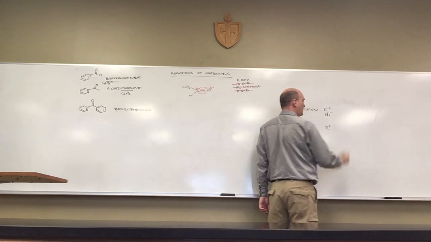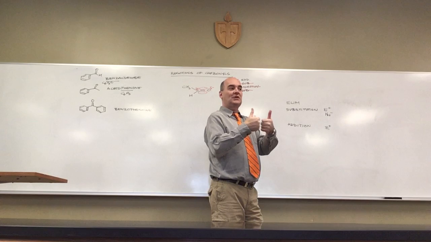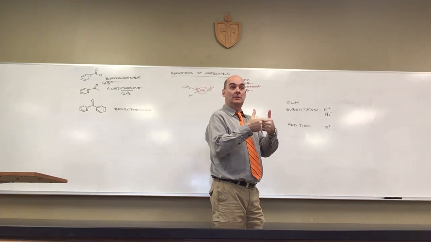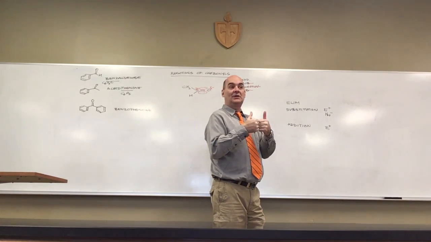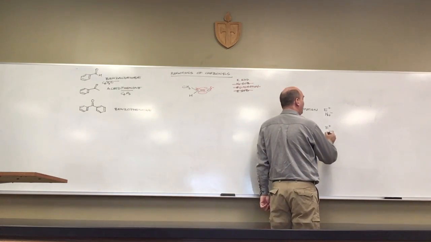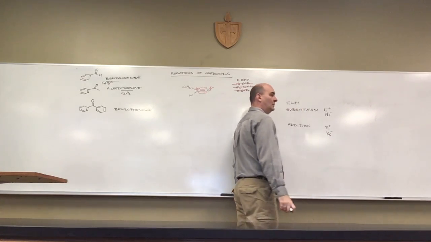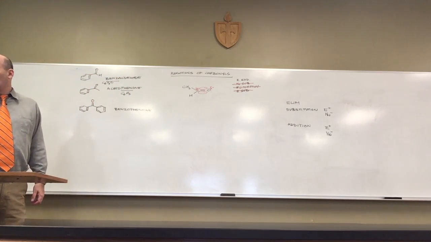There's the electrophilic addition that happens to alkenes where both sides of the double bond are the same. That's a clue. In an electrophilic addition, it's a carbon-to-carbon double bond. Both sides of the double bond are the same. Both sides of that pi bond, both carbons. And then there is nucleophilic addition, which is the only remaining reaction that we haven't seen yet.